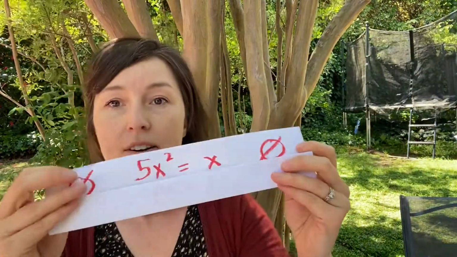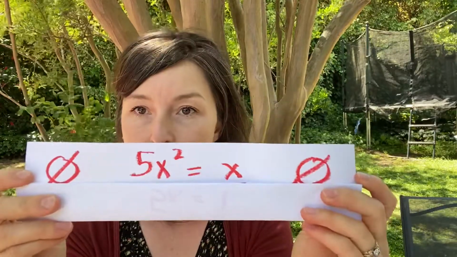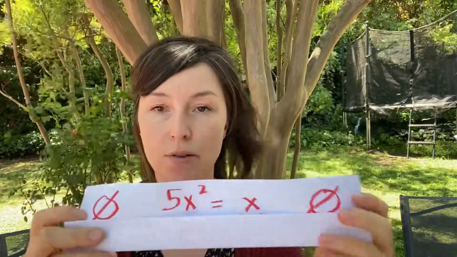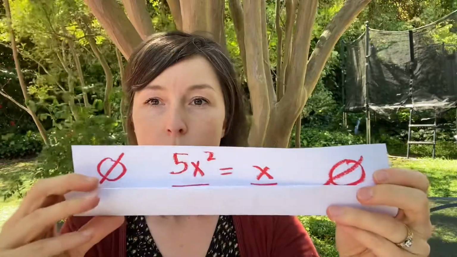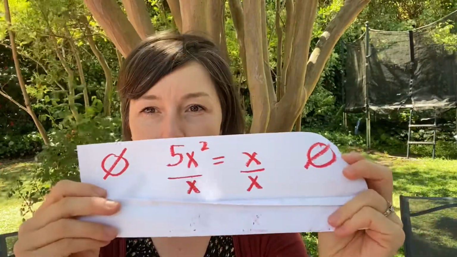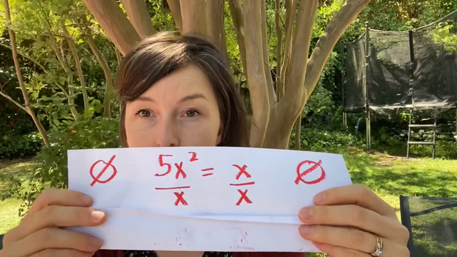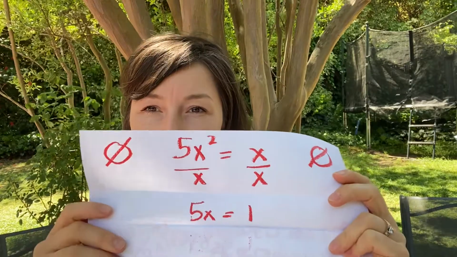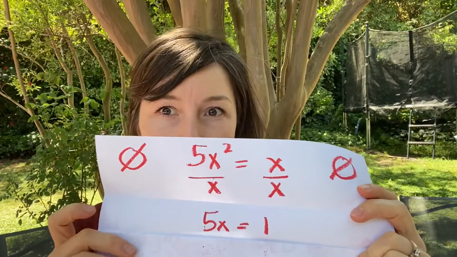But what we absolutely would never, ever do is this. Same question, but it's in red, so you can see, danger, don't do it. We would never divide both sides by x and get 5x equals 1.